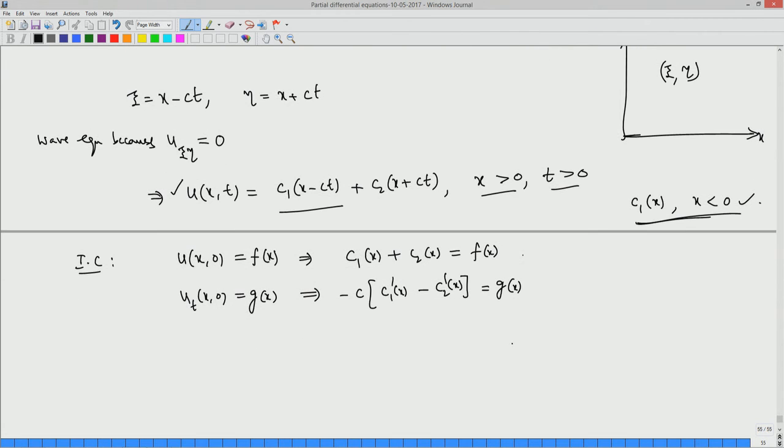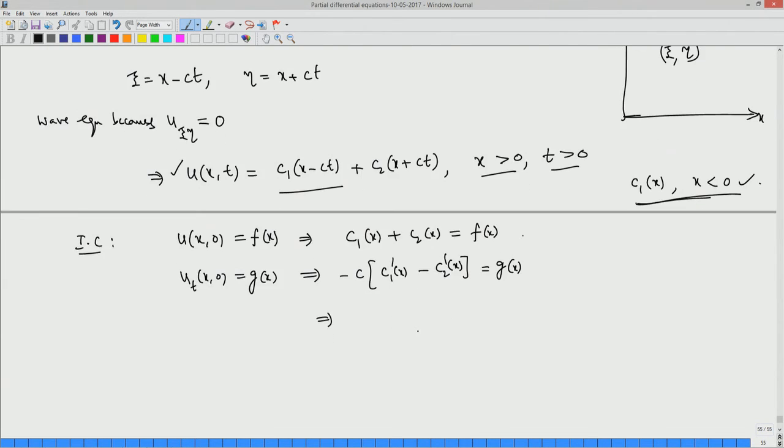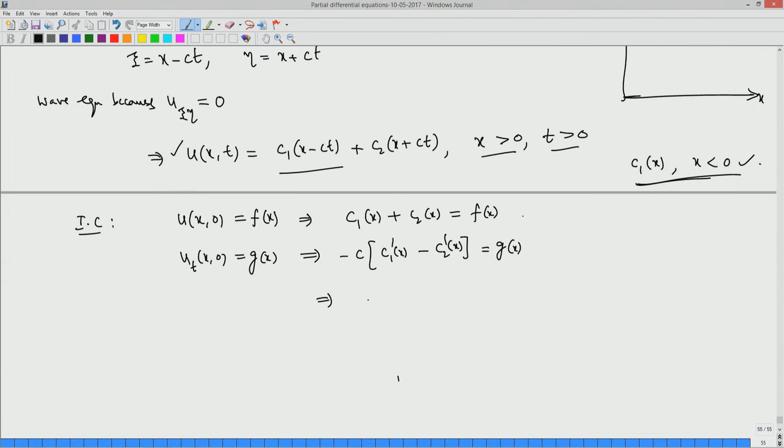Now you take the difference. Now this one you simply integrate. If you integrate this one, you will see that c2(x) minus c1(x) equals 1 by c times the integral of g(s) ds, from x naught to x.